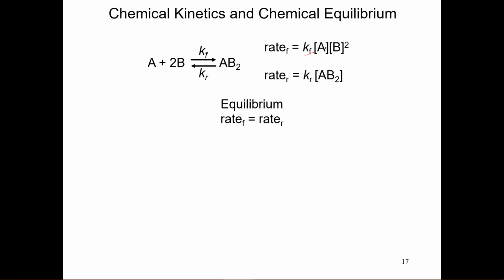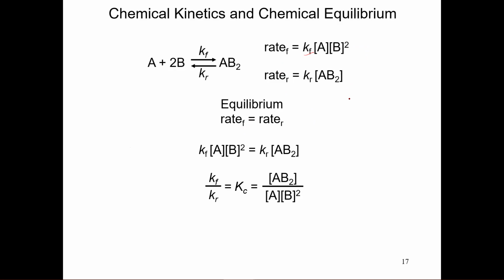So under those conditions, you can equate these two equations and you get a new constant: kf divided by kr is equal to Kc. And that is what we talked about originally.